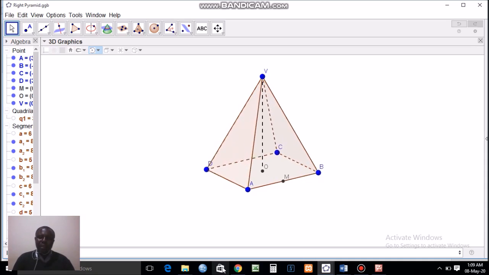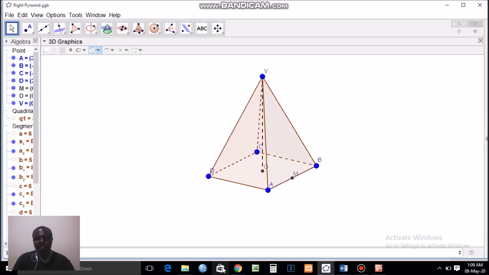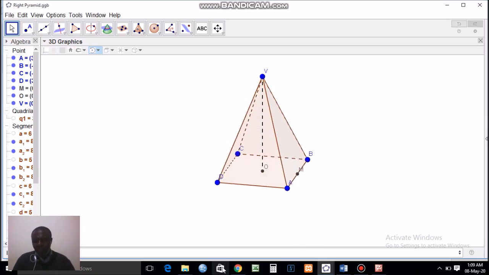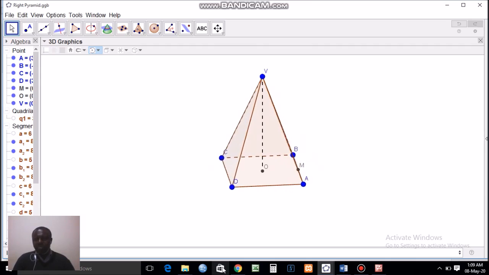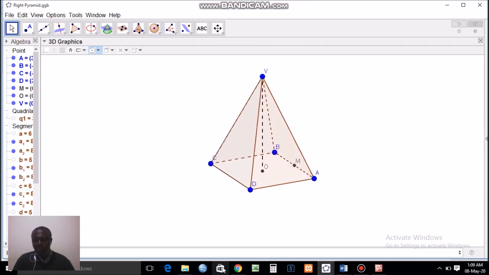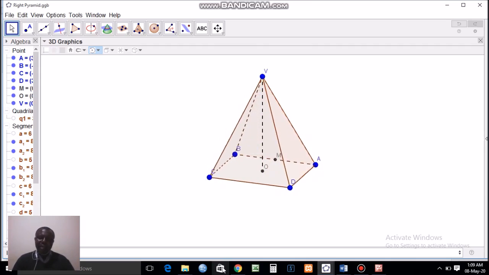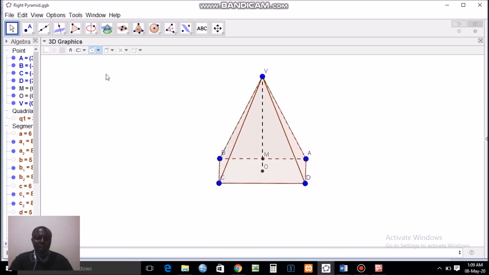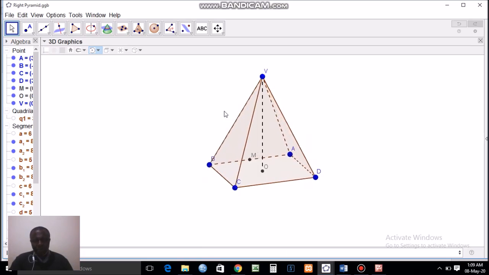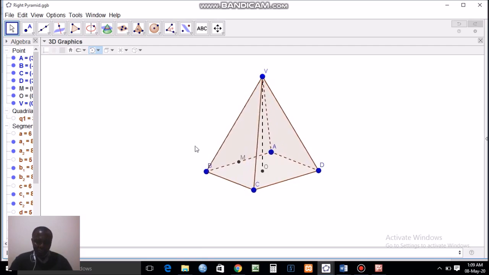So in a right pyramid, all the slanting edges are equal, and when you have any pyramid, look at the slanting edges. If the slanting edges are equal, then definitely it is a right pyramid. Now, this is a right pyramid because all the slanting edges are equal.